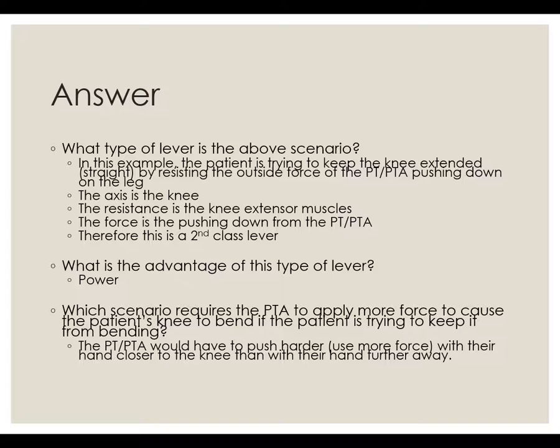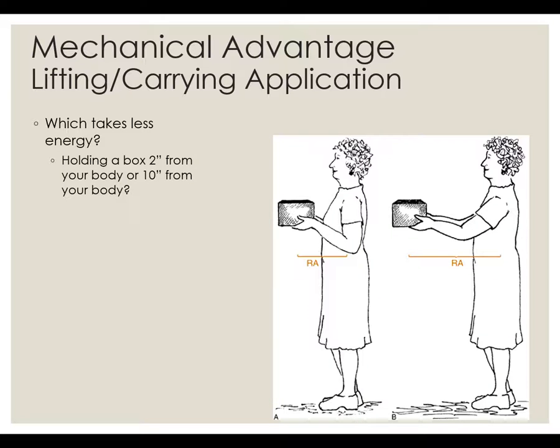Okay, so mechanical advantage. As the lifting carrying application, which one of these takes less energy? And we talked about that earlier, just in another type of scenario, but if you stop and think about it, if you're holding a box, do we typically hold a box 2 inches away from us naturally or 10 inches away from us?